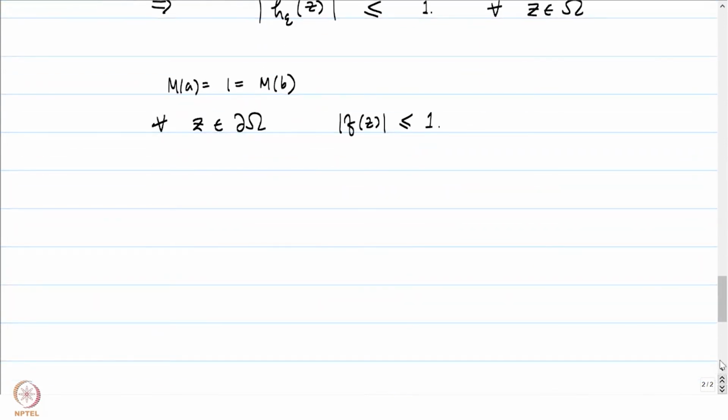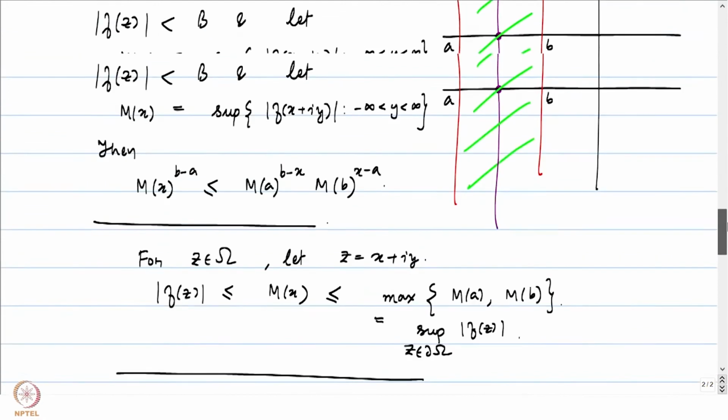So in particular, we have mod f of z is less than or equal to 1 on the boundary, and that gives us that absolute value of f times h epsilon is less than or equal to 1 on the boundary of omega.